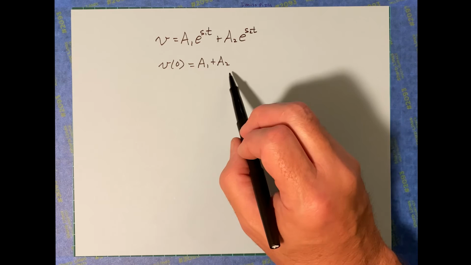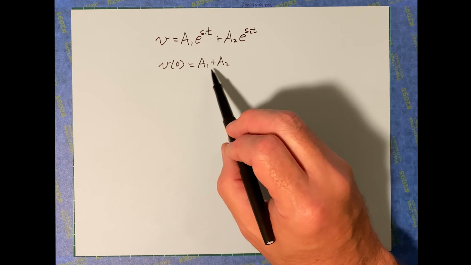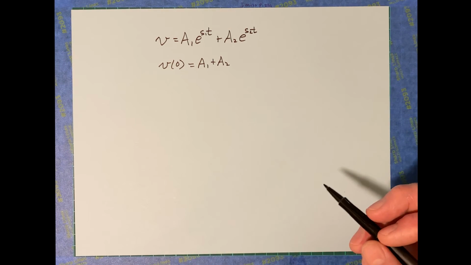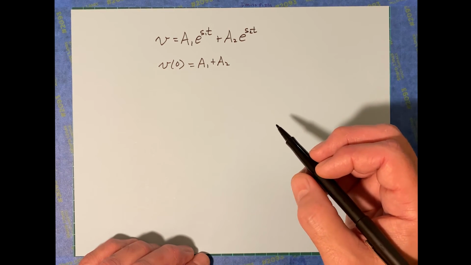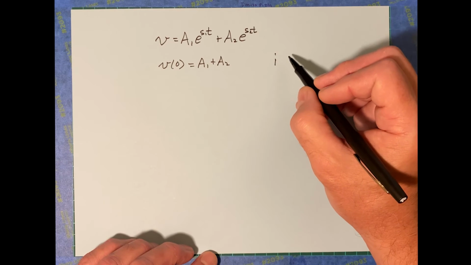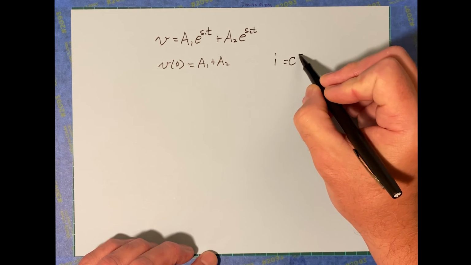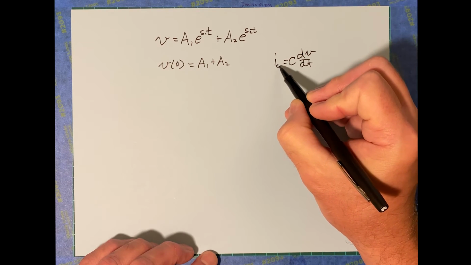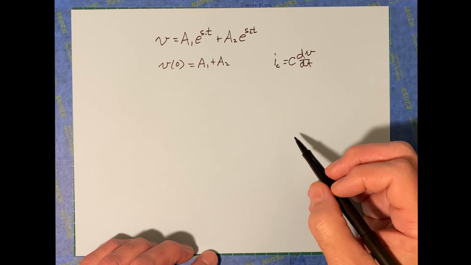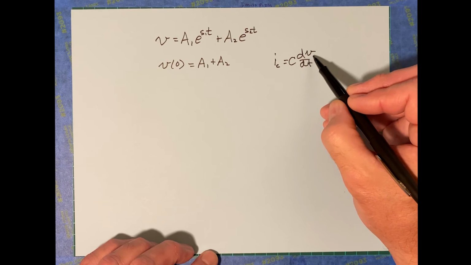All right, but there are actually two coefficients, so you need another equation. And one of the equations that's going to help with that is just going to be I equals C dV dt. Now this is specifically the I through the capacitor here. Everything has the same voltage, so there's no need for the subscript on the voltage.